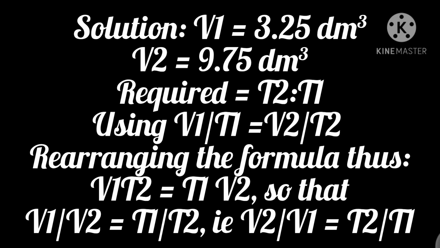And rearranging the formula this way, V1 over V2 will be equal to T1 over T2. And rearranging the other way again, we have it that V2 over V1 is equal to T2 over T1.